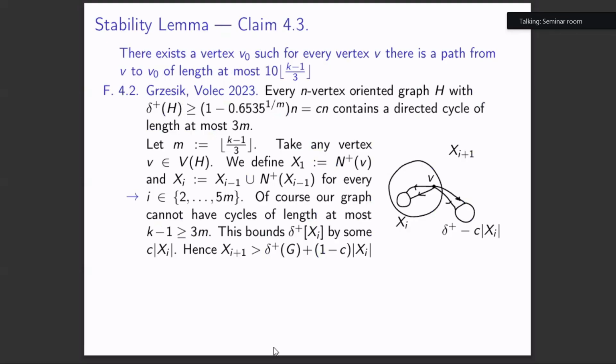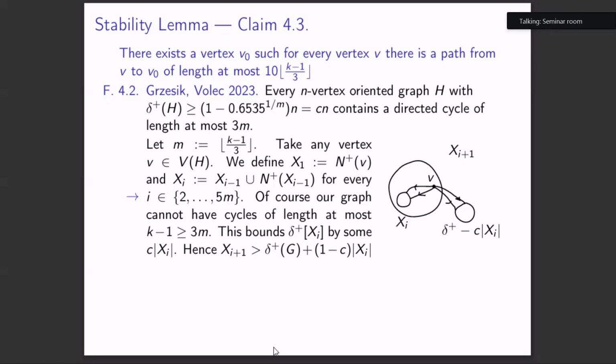But now, notice that if we set m to be (k-1)/3, then we must not have in our graph a cycle of length at most k. Sorry, we may have a cycle of length k, we may not have anything lower. Why?